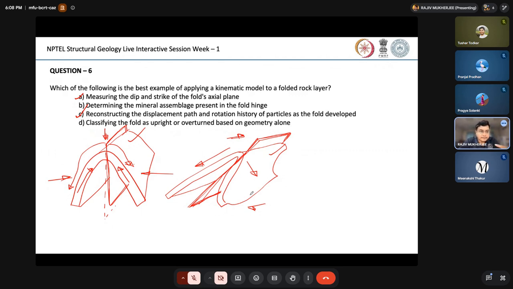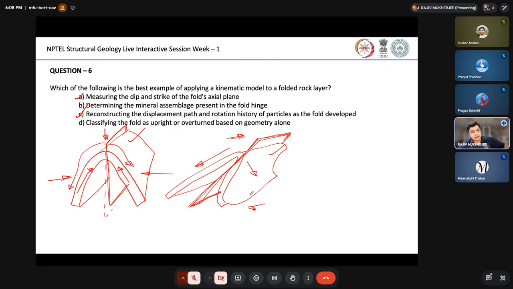Whereas option B will help us to understand the mechanistic aspect of the fold, because the mineral assemblage will tell us about the strength of the rock, and once we know the strength of the rock, then only we can understand how the stress has been applied or the other things that involve the mechanics. So understanding the mineral assemblage present in the fold hinge line is part of understanding the mechanics of the folding, because it ultimately tells about the strength of the material.